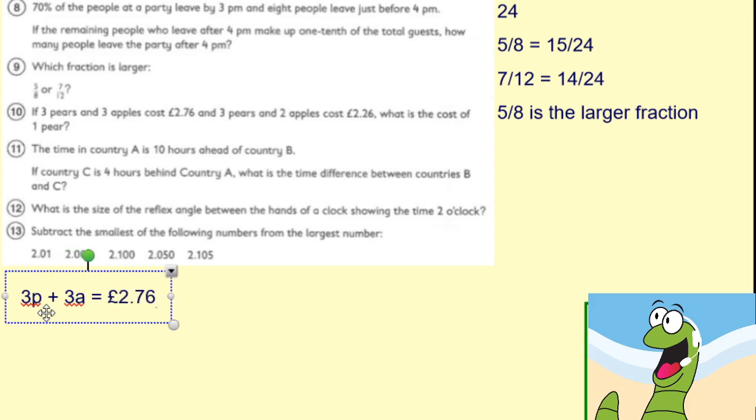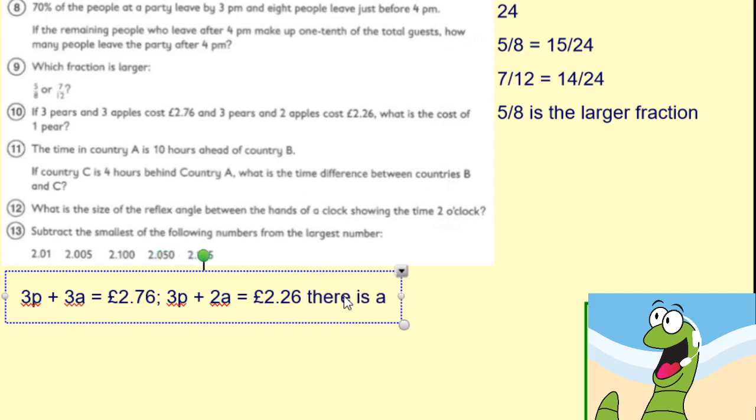Okay, so we have 3 pears and 2 apples equals £2.26, which must mean the difference between the two is 50 pence. So there is a difference of 50 pence between the two.